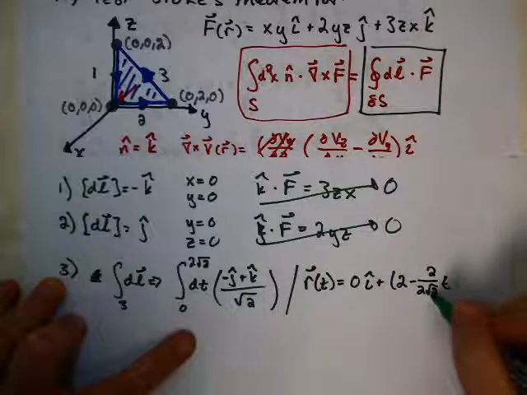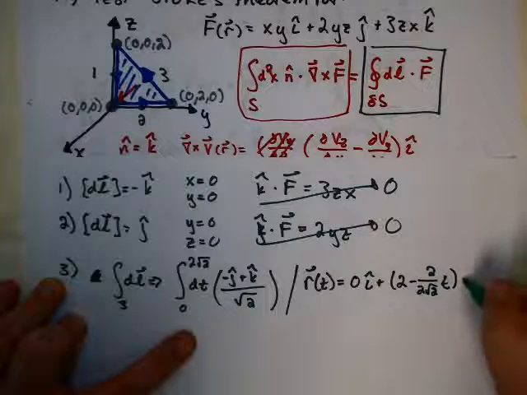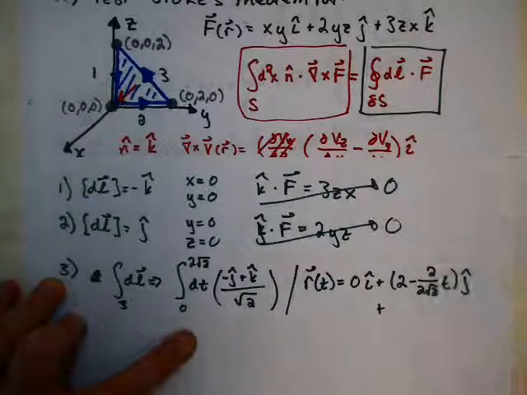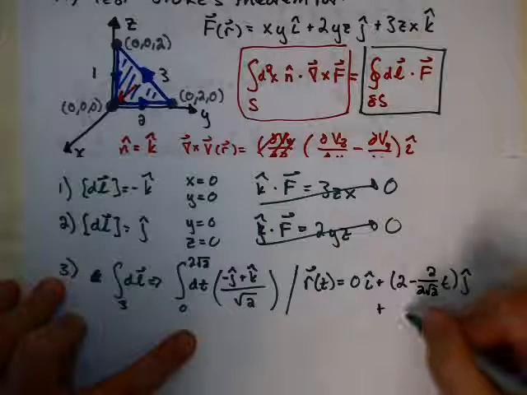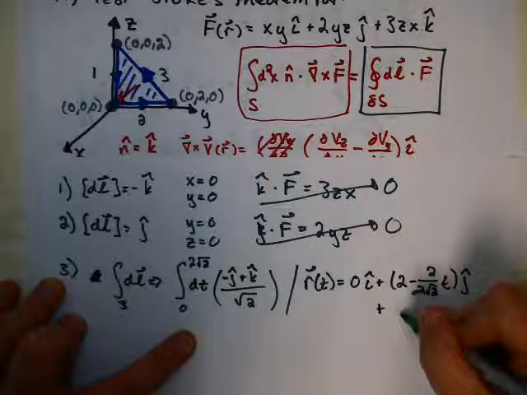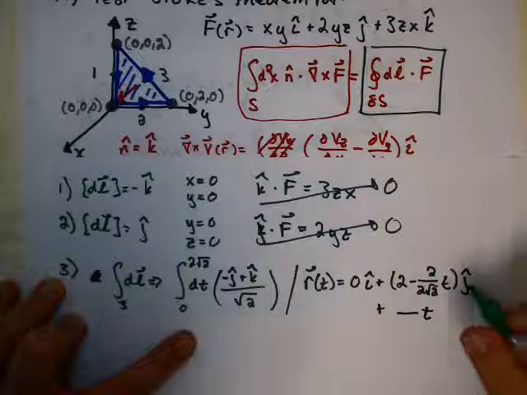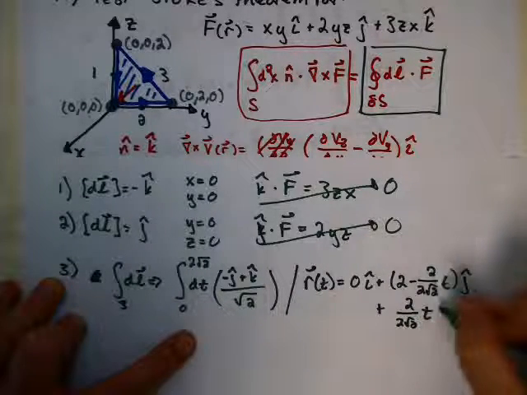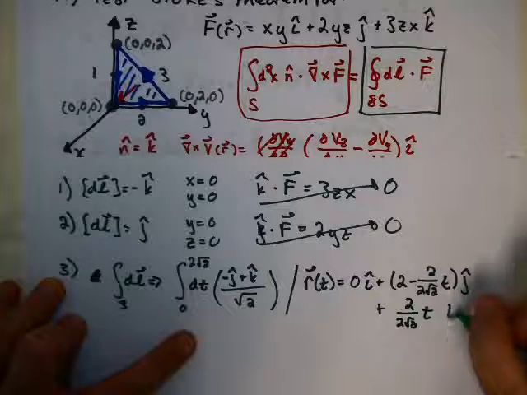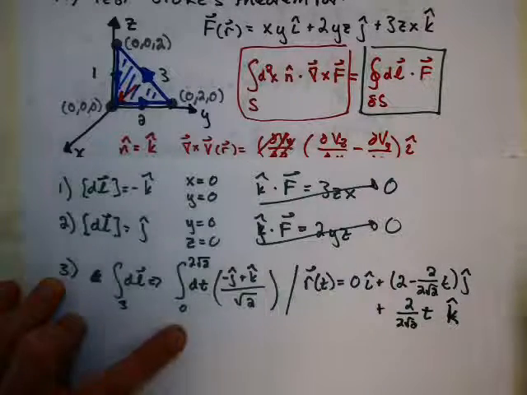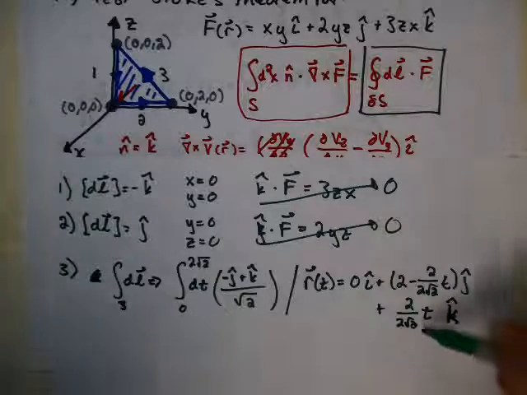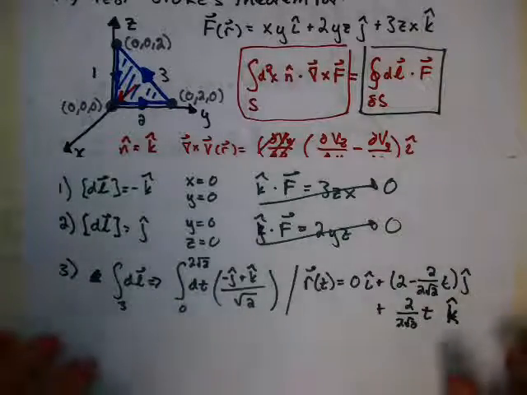So when t is 2√2, I get 2 minus 2, and this gives me 0. So that's the y component. And the z component is similar, but backwards. At time t equals 0, I'm going to have 0, and at time t equals 2√2, I want the value 2. So this is my k hat component.